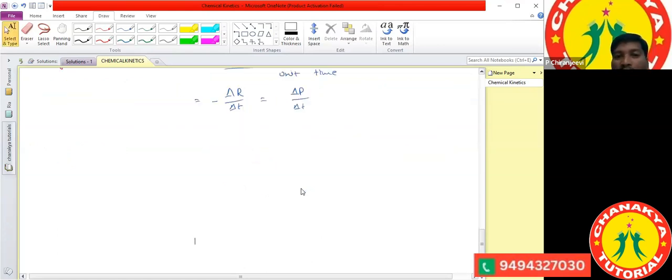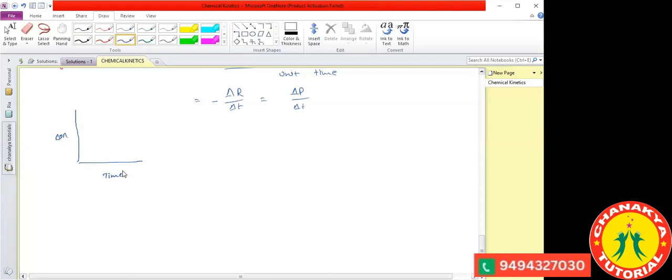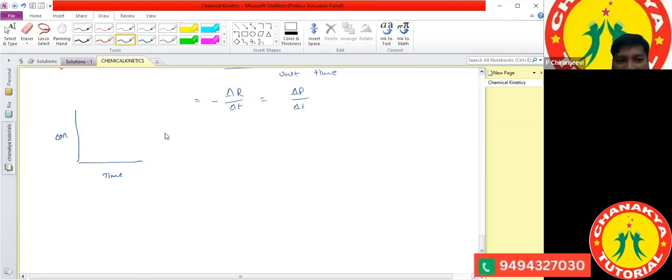How can we represent it graphically? First, we take concentration on the y-axis and time on the x-axis. Which one can I explain here? Can I take the concentration of the reactants or the concentration of the products? Which one can I take, Ritu? Concentration of the reactants we can take here.